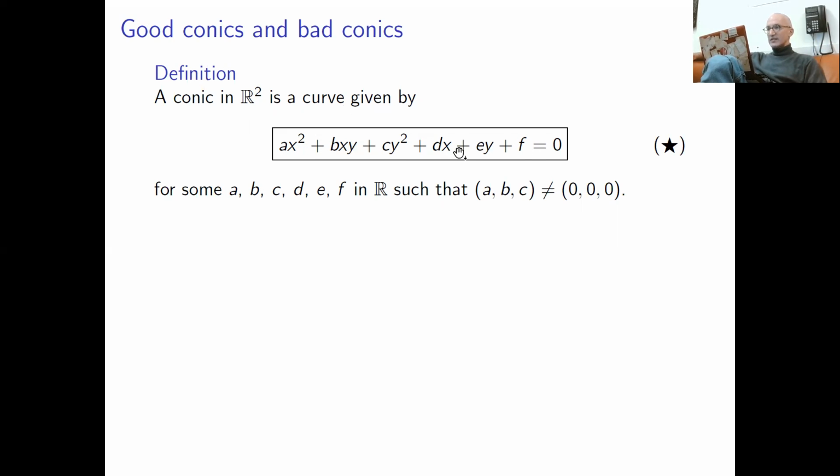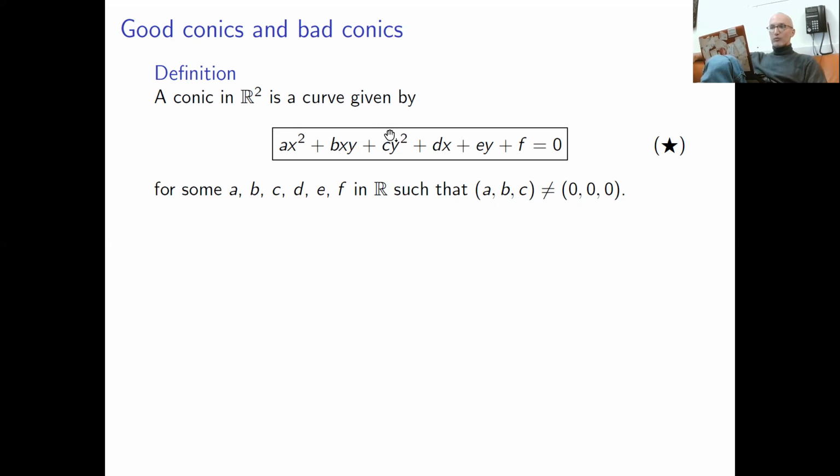Here, a, b, c, d, e, f are some constants, some numbers, and we assume that a, b, c are not zero simultaneously. Why? Because if a, b, c are all zero, this is a polynomial equation of degree 1, and we know this is a line. This is not a conic. So we want this curve to really be a conic.